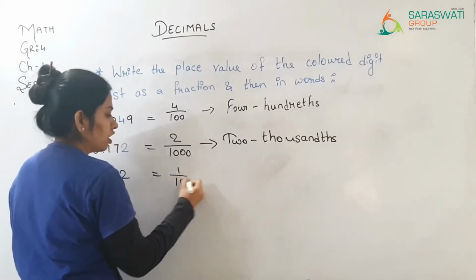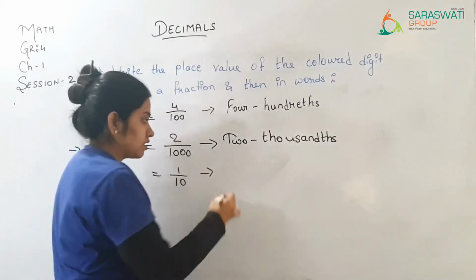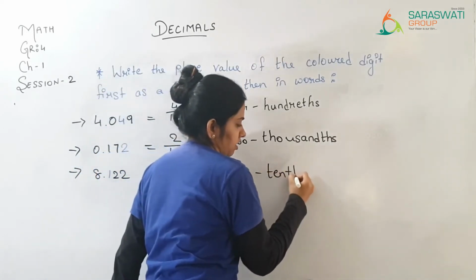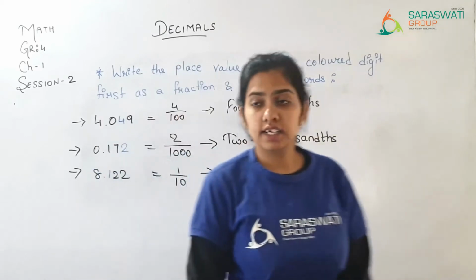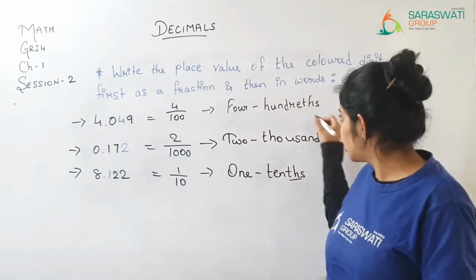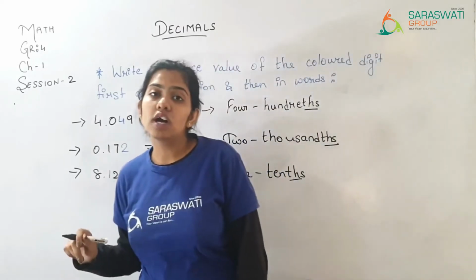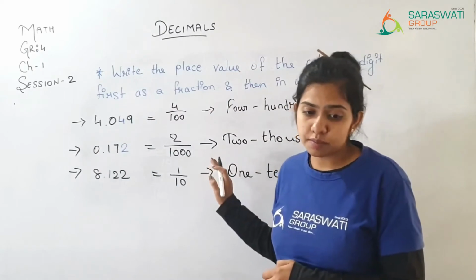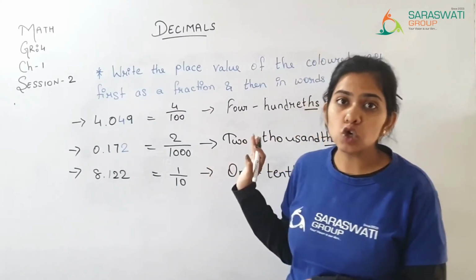That is 1/10. And in words, 1 tens. Right? So here you can see I have added THS everywhere. And you are also supposed to add this. Okay? So in this way you are supposed to write the place value only.